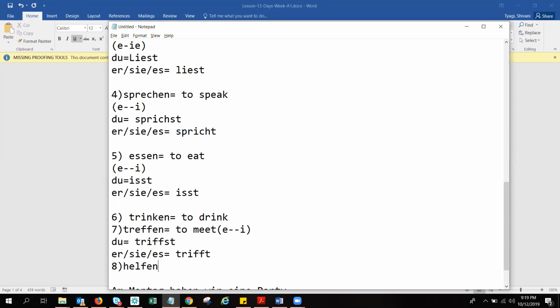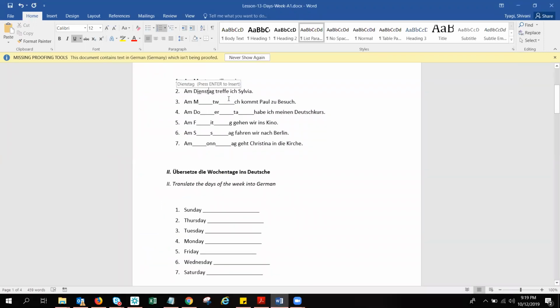And it will also take I instead of E. So it will be du hilfst, er sie es hilft. Okay, cool. So on Tuesday I'll meet Sylvia.